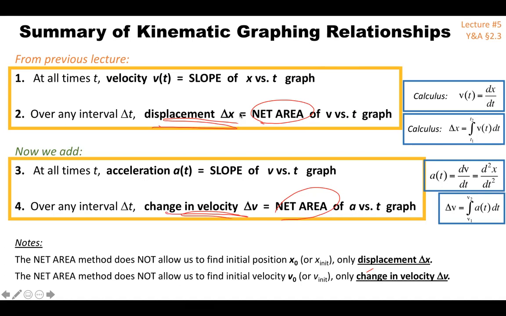What integration doesn't give us is an unknown constant that is not determined, so that would have to be given separately. This initial position or initial velocity, because remember, delta is always x at some later time minus x at some earlier time, and this is velocity at some later time minus velocity at some earlier time. What you have to be given is that initial position or initial velocity.